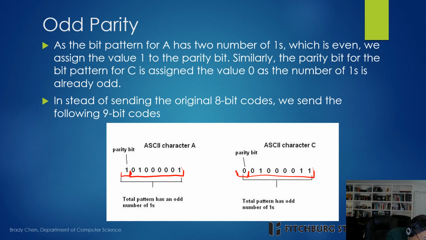So for character A, because it contains 2 ones, that's an even number. So you need to add 1 in the parity bit to make the total number of ones an odd number. For character C, it's a different story because the ASCII code contains 3 ones, which is an odd number. So we should not put 1 in the parity bit because otherwise this is going to make the total number of ones an even number. So we put the parity bit 0.